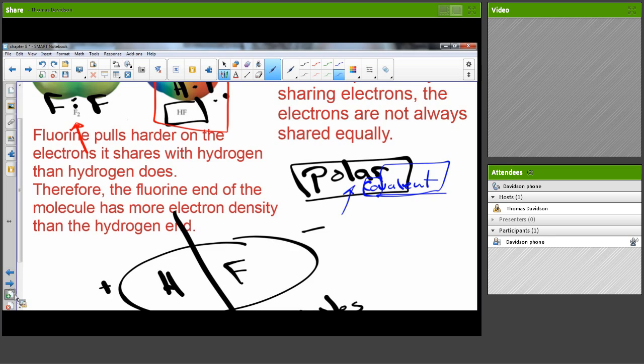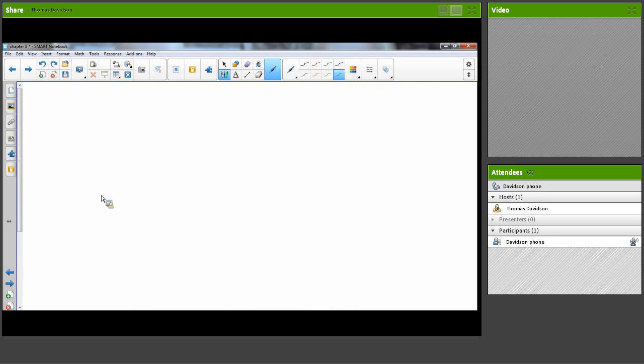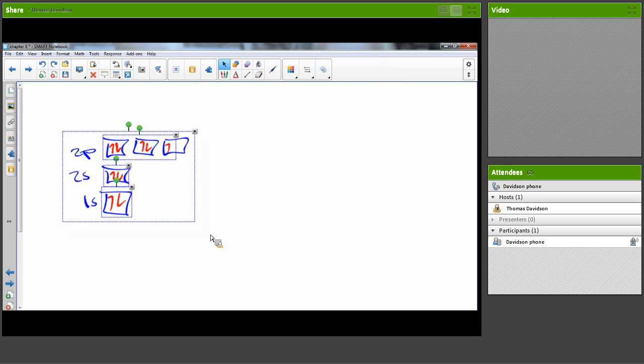If you do this, it might make sense. This takes a little time, but we'll do it. So 1s, 2s, 2p. And if I'm doing it for fluorine, which is a covalent molecule, if I put it with another fluorine, I'd have 1, 2, 3, 4, 5, 6, 7, 8, 9. You with me?